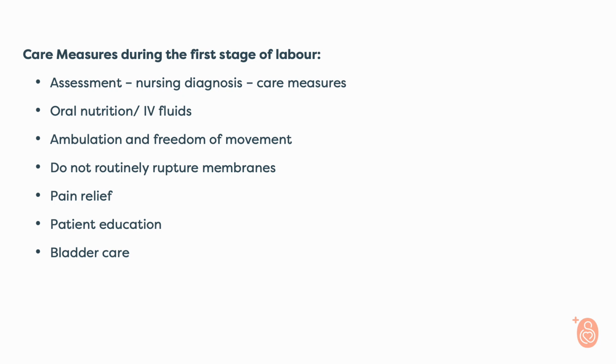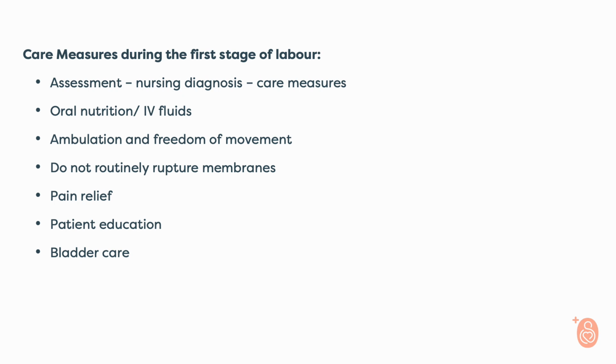We really need to take into consideration that she might get dehydrated, exhausted and ketoacidotic at some stage. So we need to look at oral nutrition to provide her with enough glucose-rich fluids and small food, so she can build up her energy stores for later on when she's definitely going to need it.